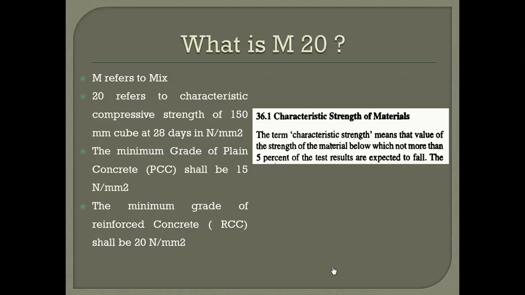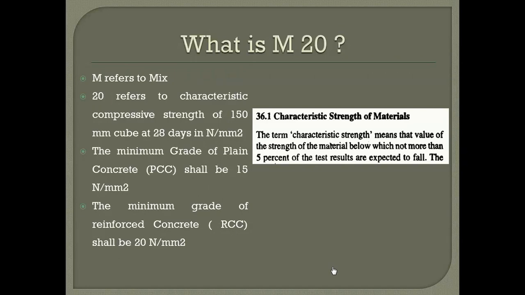So if we say M30, only 5% of the test results are expected to fall below. If you take the M30 mix, after 28 days of curing, of the 100 cubes that you are testing, 95 cubes should show more than or equal to 30 newton per mm square. Only 5 cubes can show less than 30 newton per mm square.